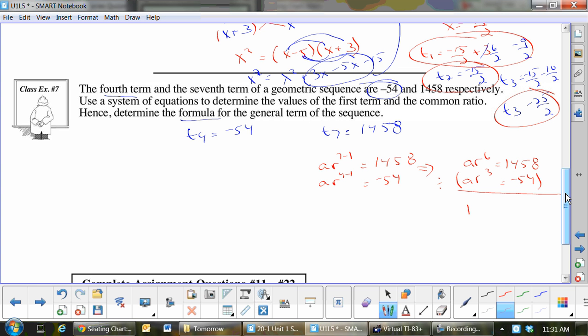What is R to the 6 divided by R to the 3, and why? Two people know the answer to this? Three? Come on, you guys. What is it? No. Yes. Why?